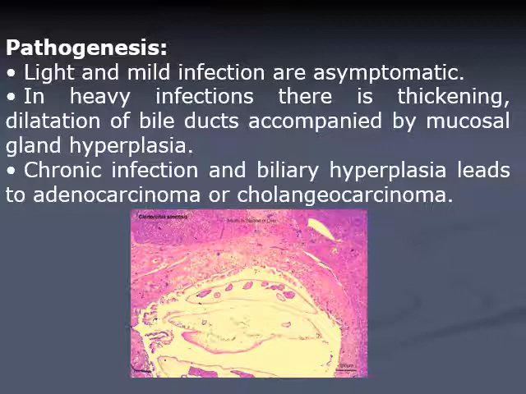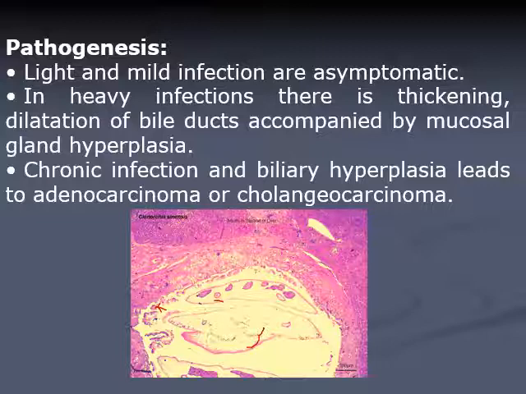This is a worm, and this is another worm. We can see here the cross sections in the uterus. This is the mucosa. You see also, if we enlarge the picture, we could see that there is hyperplasia of mucosa.